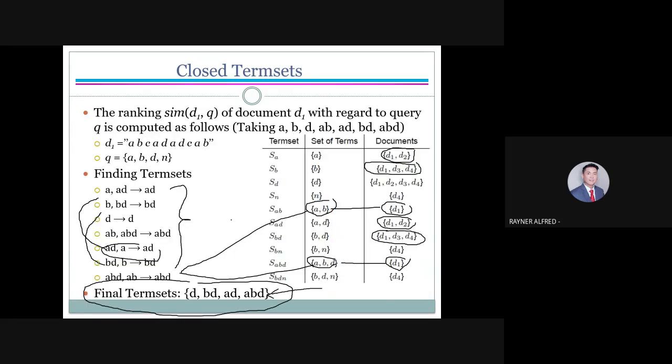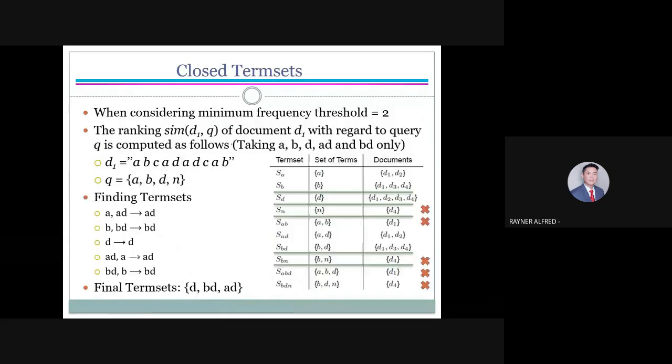Because this one we are not considering any frequent term set, now let's introduce the threshold 2 again. The threshold 2 means that we will not consider term sets which occur only one time. So we will not consider this, this, and this.